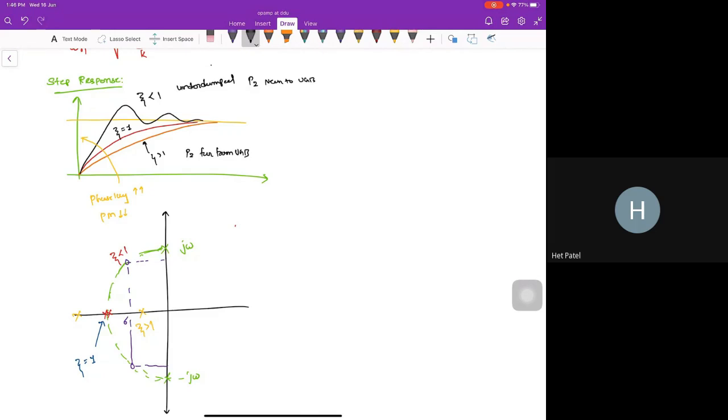So if you go from zeta greater than 1 to zeta equal to 1, you can see that both the poles are coming nearer and nearer, and then split into the complex plane, and create the complex conjugate poles, and those complex conjugate poles will lead to the ringing. And as the pole is nearer to the j omega axis, you will get more ringing, and more ringing means the phase margin is lesser.